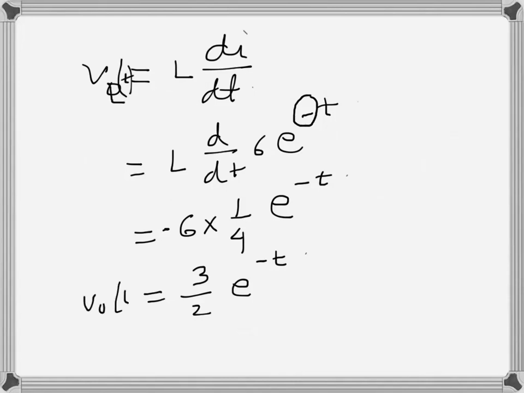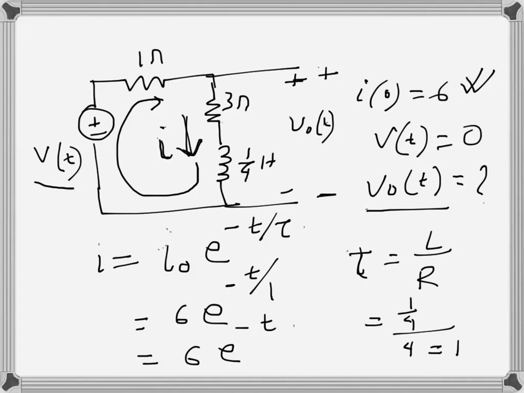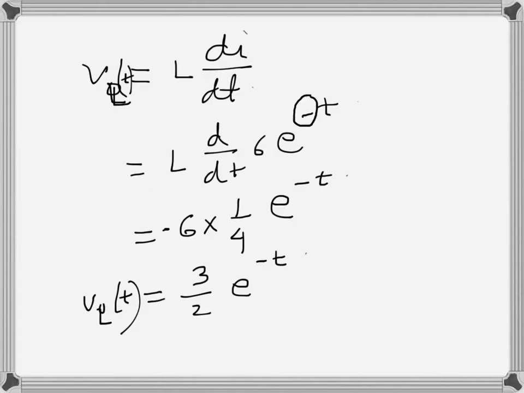This should be VL, because this is not VO, this is VL, which is the voltage across inductance, just here. Now we need to find the total voltage, which of course will be VO, will be VL plus VR.